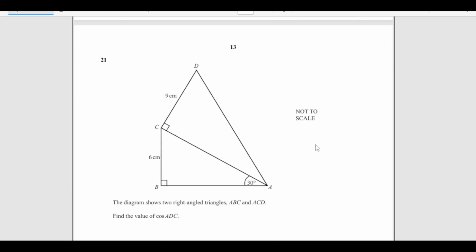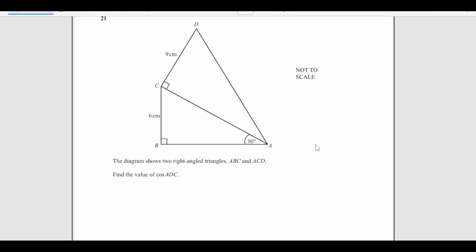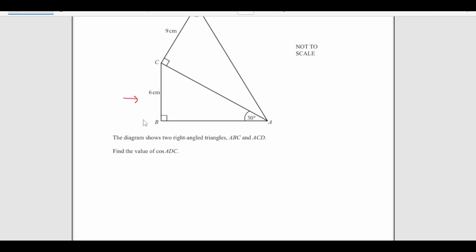Now number 21, you can see the diagram shows 2 right angled triangles ABC and ACD. Find the value of cos of ADC. So ADC is this angle, we are basically looking for this angle. For that you need to have one angle and one side. So let's start with the triangle ABC. In triangle ABC, we can use SOHCAHTOA here.